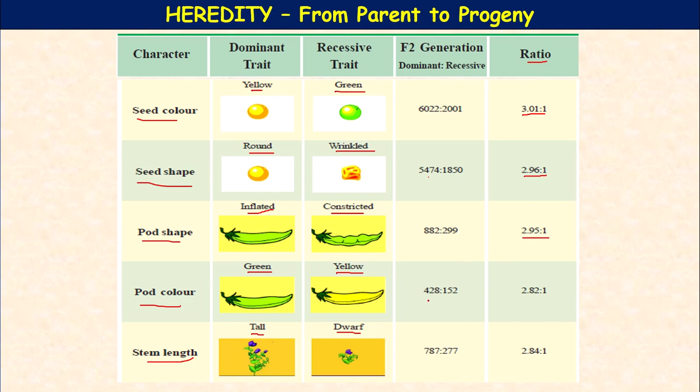The pod color in the F2 generation: 428 dominant, means green, and 152 recessive, yellow. The ratio is 2.82:1. Stem length: 787 tall, 277 dwarf, the ratio is 2.84:1. So this is the table representing the results of the F2 generation.